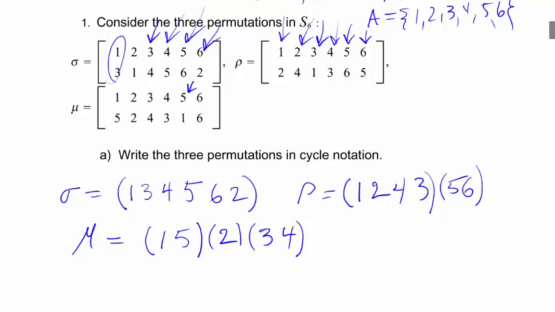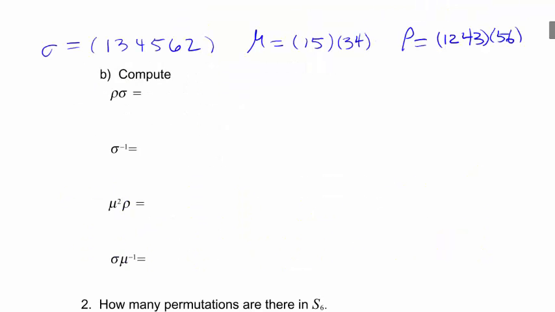And we have 1, 2, 3, 4, 5. And I look up here and I see 6 is sent to 6. Well, you could put it in, but you don't need to. Mu, in simplified notation, would be the product of 2 cycles, (1 5)(3 4).